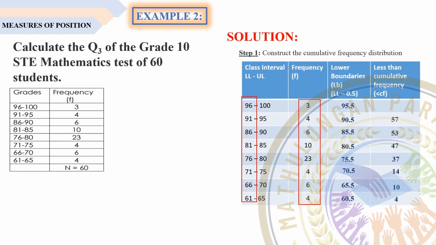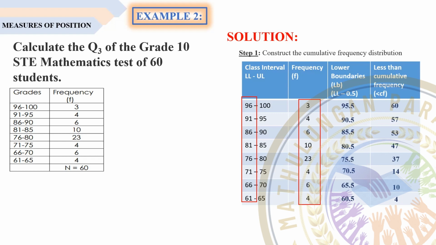And 57 plus 3 is equal to 60. Remember, the last number na makukuha natin after adding the numbers on the frequency ay dapat magtali at magparehas doon sa total frequency sa given natin, which is also 60, at 60 din yung ating last number na nakuha sa less than cumulative frequency.